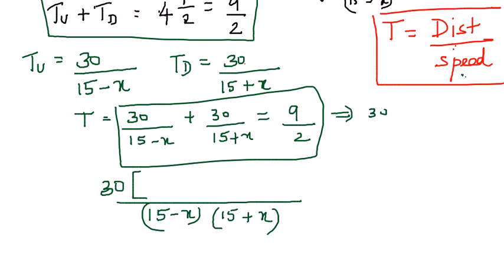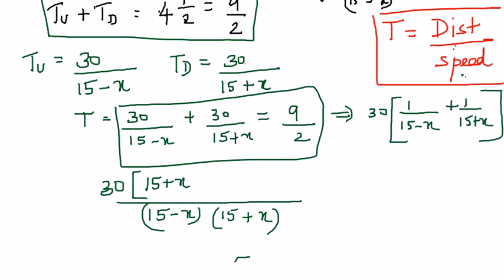I'm taking 30 outside here, so it becomes 1 by 15 minus x plus 1 by 15 plus x on the left hand side. So here it will be 15 plus x plus 15 minus x. I'm multiplying this by 15 plus x and this by 15 minus x. Basically I've taken the LCM and I'm multiplying. So the plus x and minus x cancel.